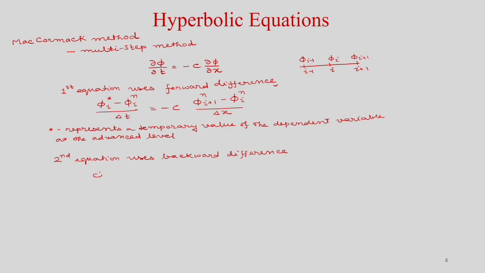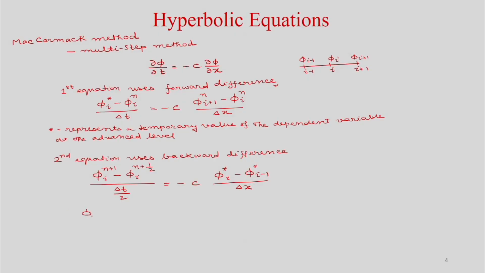So, what we will use here is (phi I n plus 1 minus phi I n plus half) divided by del t by 2 is equal to minus c (phi I star minus phi I minus 1 star). You can see that for the spatial derivative we are using backward difference. But phi I at n plus half is not known.